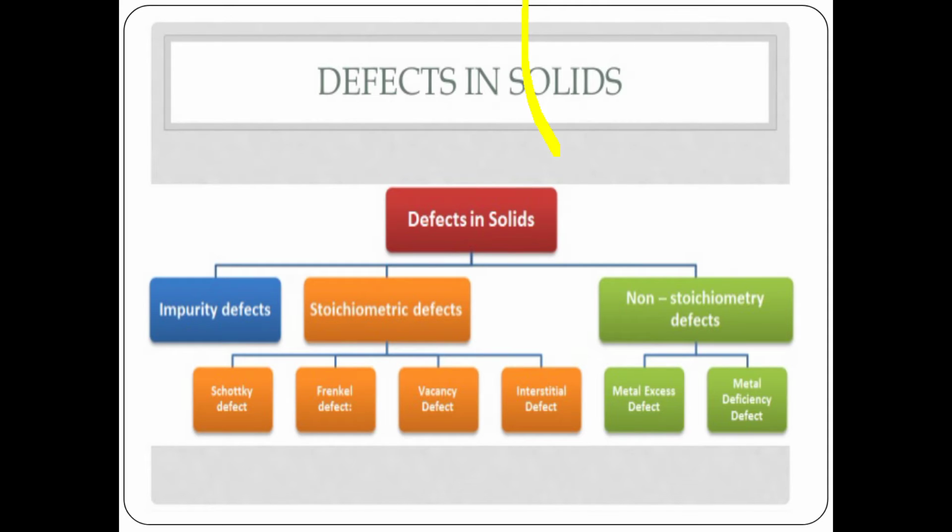So you have to study mainly the point defects, and there are fewer other defects, such as impurity defects. There are different types of defects: impurity defects, stoichiometric defects and non-stoichiometric defects.